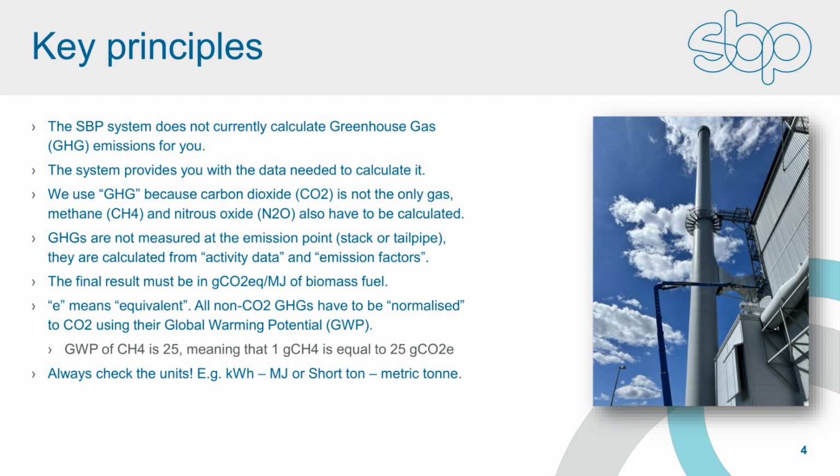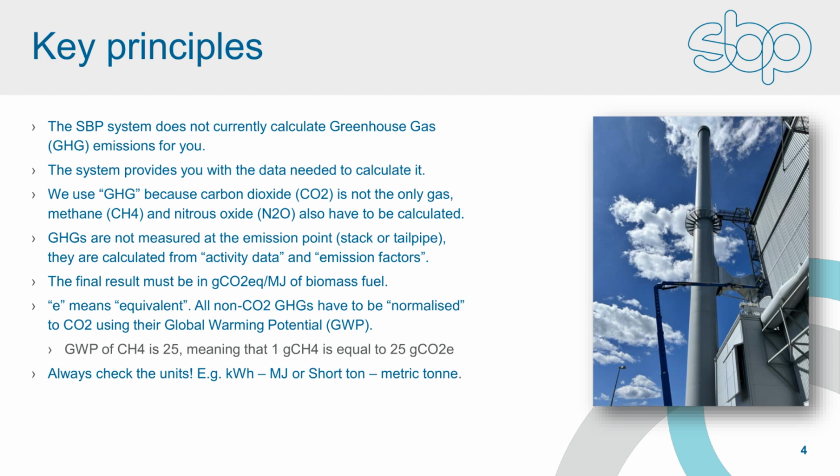A few foundational principles before we go further. Greenhouse gases are plural, carbon dioxide is the most important, but methane and nitrous oxide also have to be accounted for. We do not measure these at the stack or tailpipe. They are calculated from activity data, how much fuel was burned, how much fertilizer was applied, multiplied by emission factors.